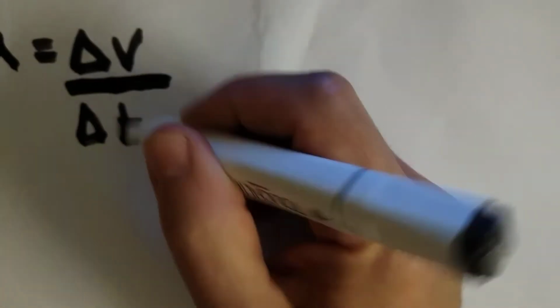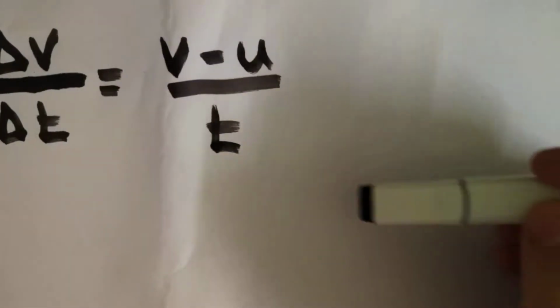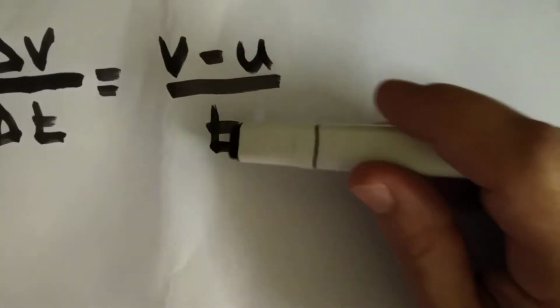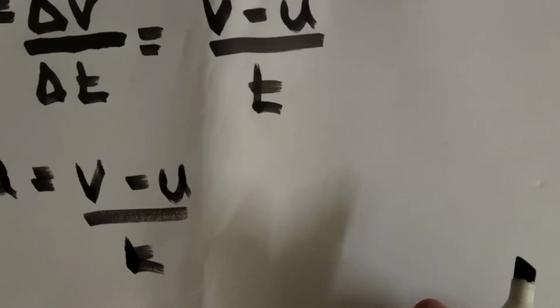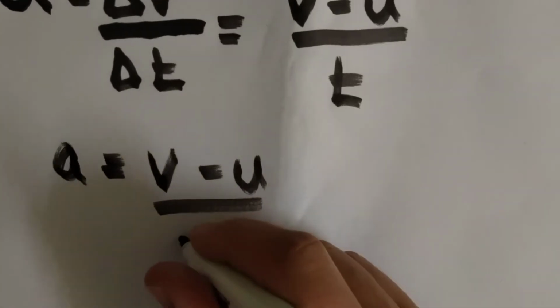So acceleration is equal to change in velocity over change in time, which, remember, we have velocity after a certain amount of time minus initial velocity over time. So let's rewrite this. And here's what we have, and now we're going to do some rearrangements. Sorry, that's a t.